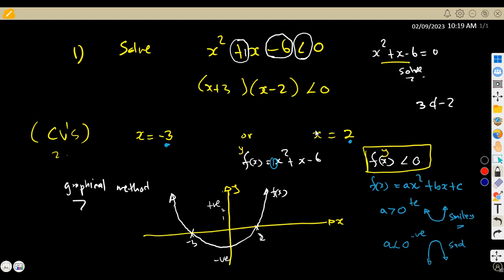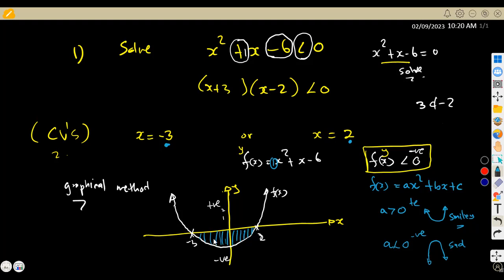So the solutions where our f of x is less than 0, where it is negative, are going to be in the region between -3 and 2, below the x-axis. Take note, your solutions are going to be below the x-axis.